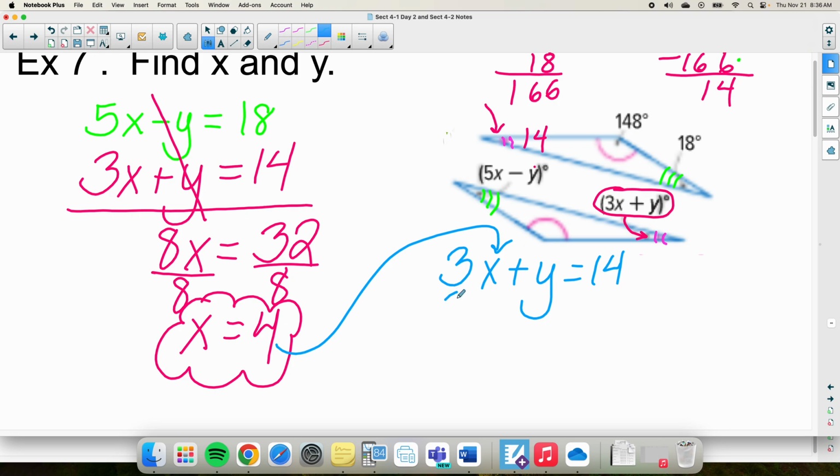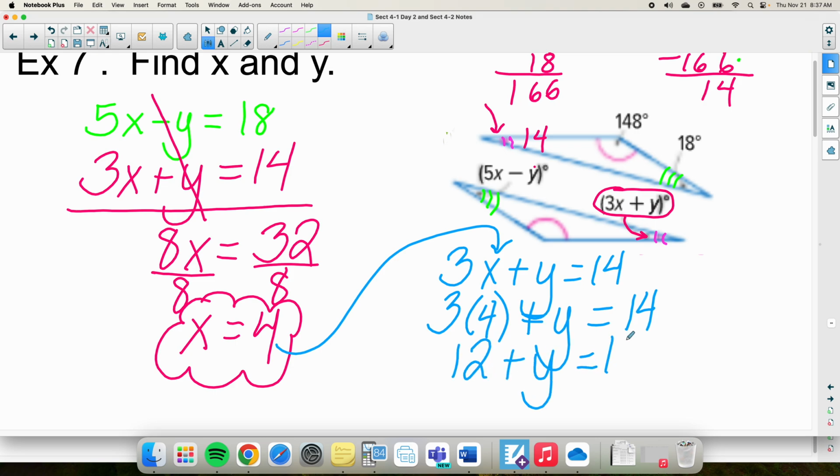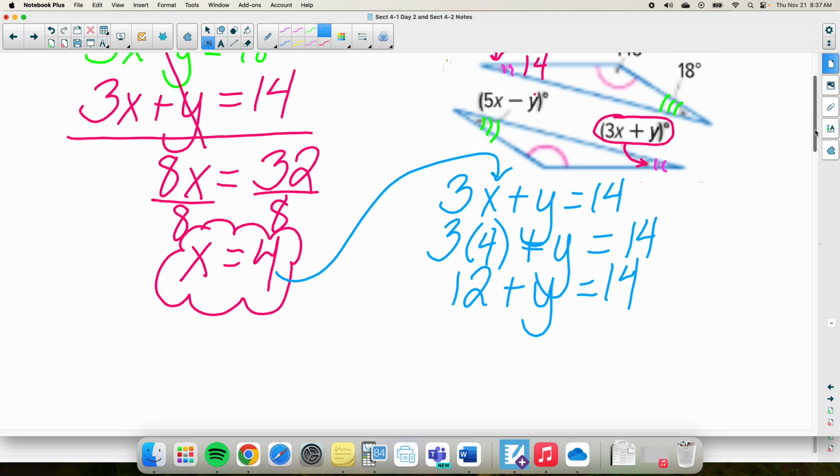So I would have 3 times 4 plus y equals 14. Now this is 12 plus y equals 14, and when you subtract 12, we know that y is 2.